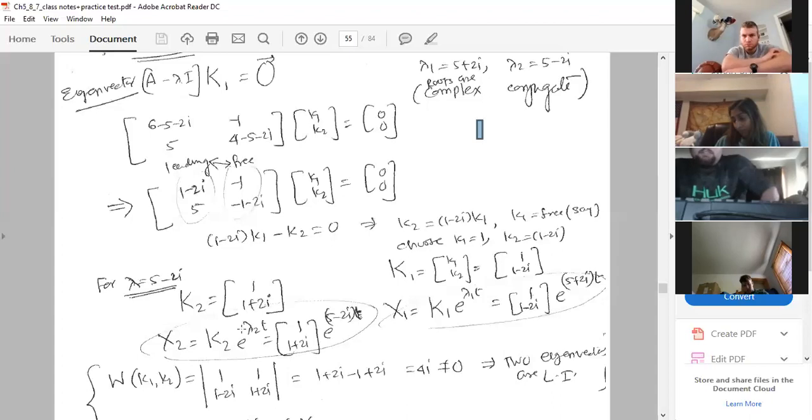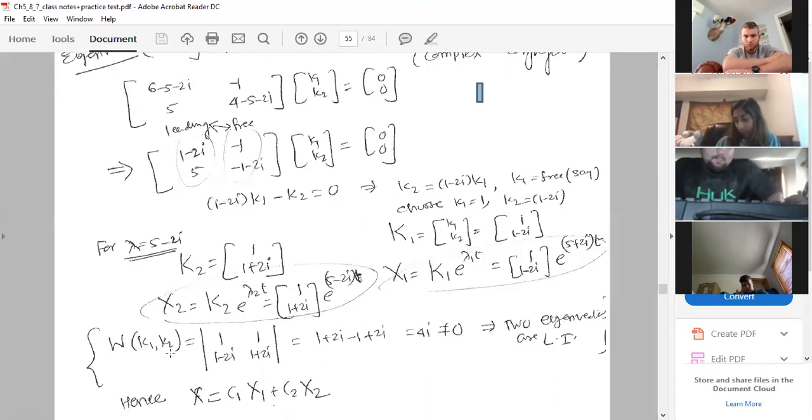Now, if somebody asks about the nature of these two, whether they are linearly dependent or independent, go for the Wronskian. Yes, the Wronskian will work over here too. The Wronskian of K1, K2, where K1 is my eigenvector 1 and 1 minus 2i, and 1 and 1 plus 2i. Open the determinant: 4i, different from 0.